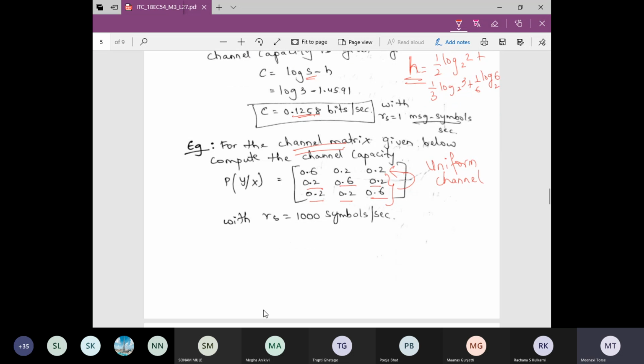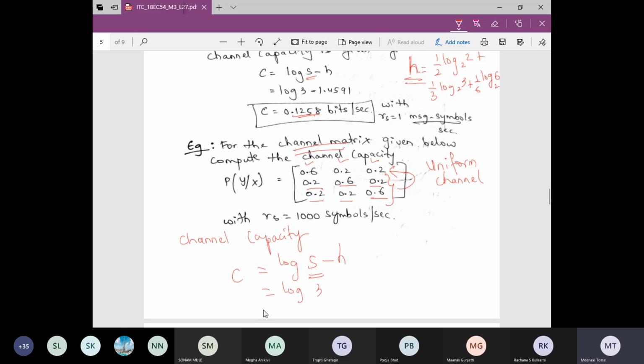And how do we compute the channel capacity for a symmetric or uniform channel? For a symmetric or uniform channel, channel capacity is given by log S minus H. We have 3 output symbols, S represents output symbols.